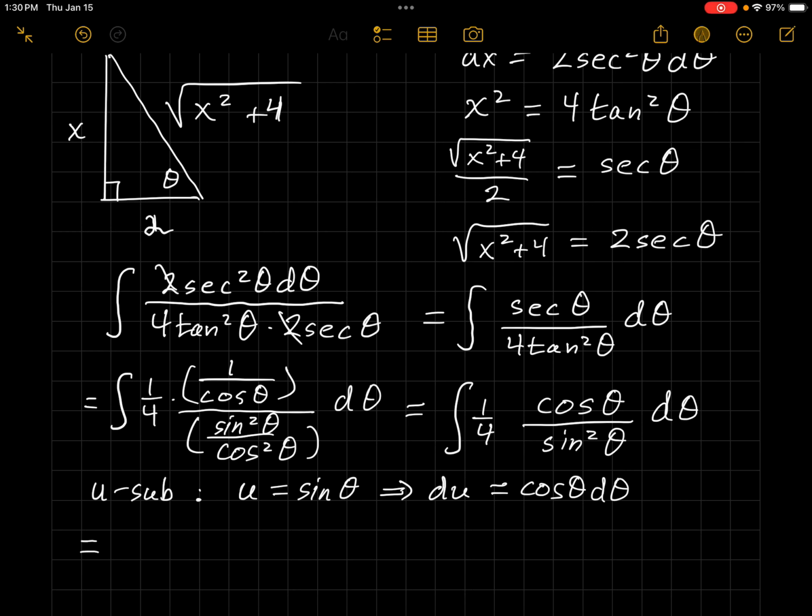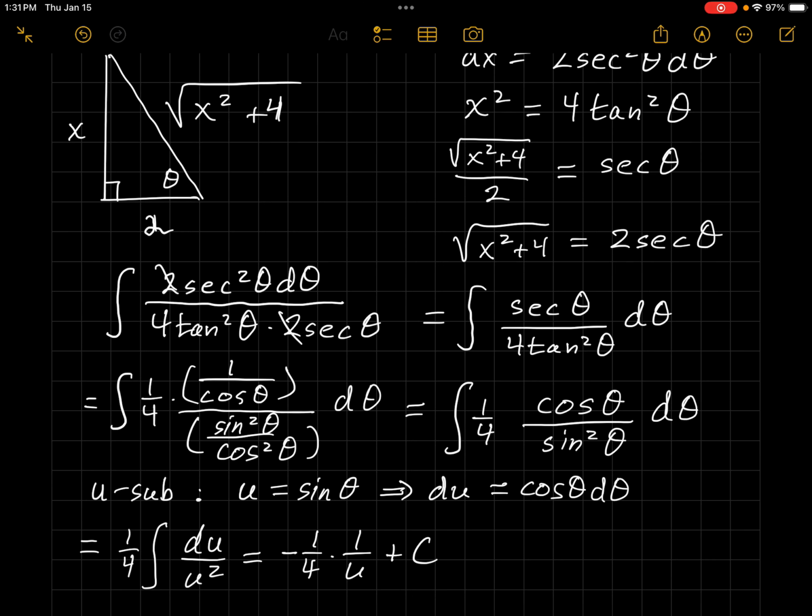And if I plug in, I will now move the 1/4 outside of my integral, and I end up with du over u squared. Which gives me negative 1/4 times 1 over u. The negative came from the integral of 1 over u squared plus c.